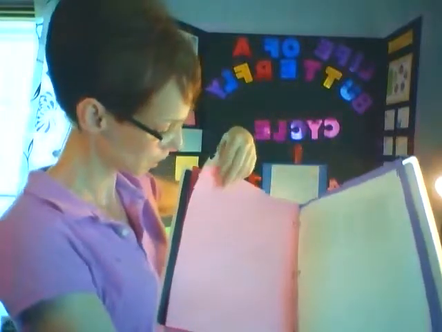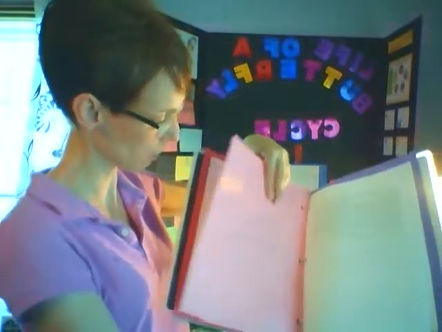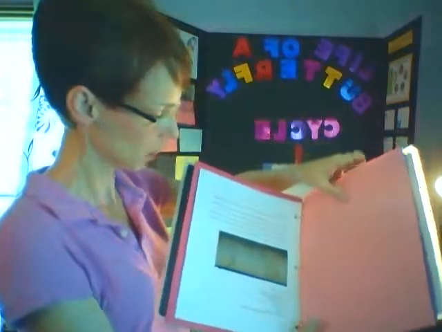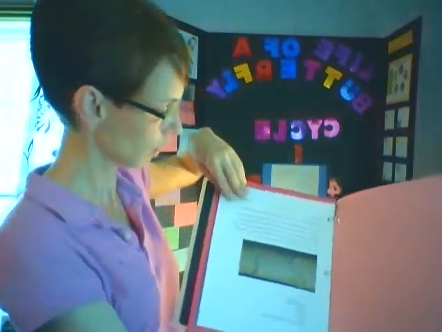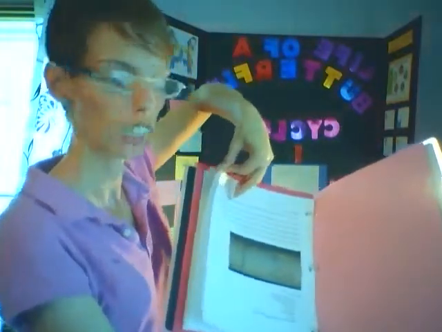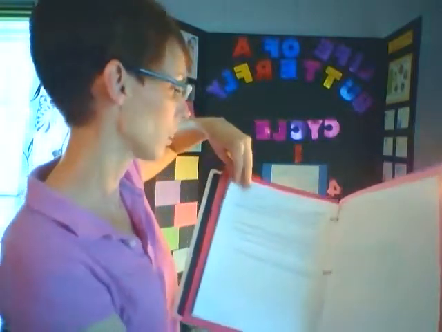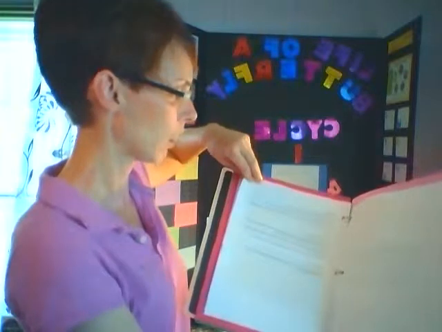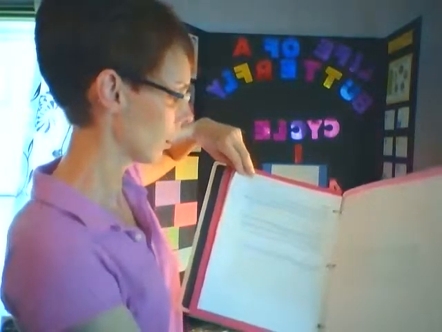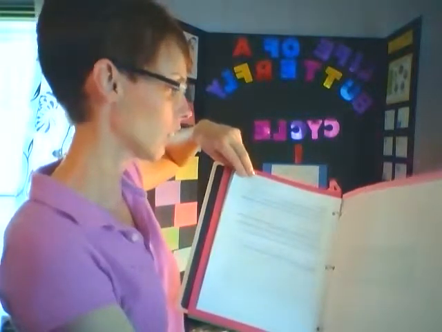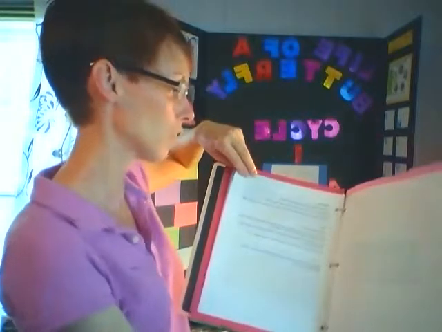Then the next one is the math, place values. This has directions and the materials needed, the objectives for the math learning station. The students will apply their knowledge of place values.